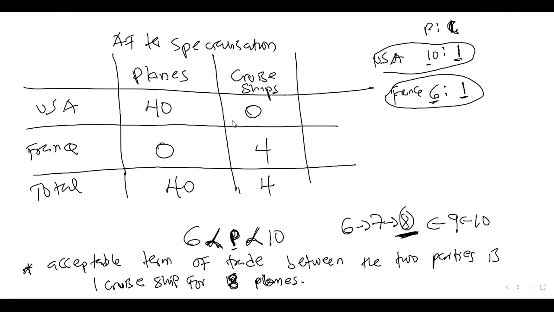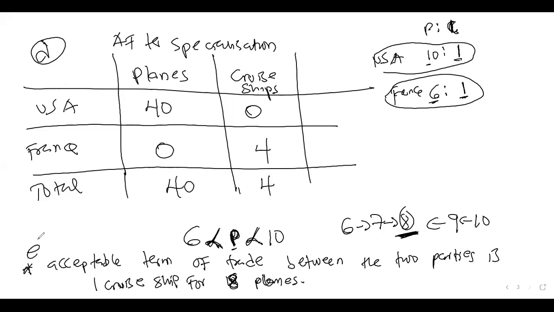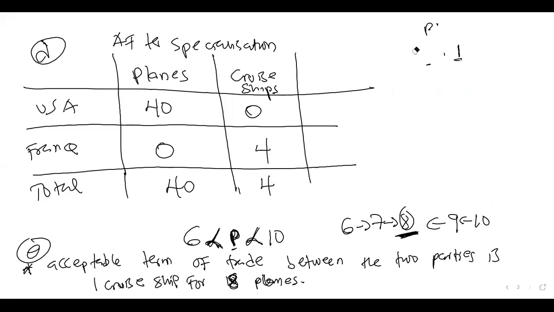That means that in the question, this is D, that is D, right? In the question, that is D. So D is after, and this is the E, acceptable terms of trade. Now the question says that if the US wishes to get 3 cruise ships, what will be the pattern of trade afterwards?